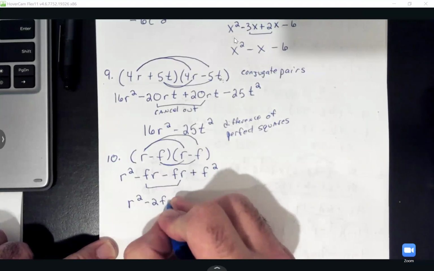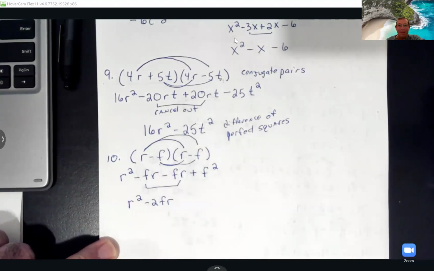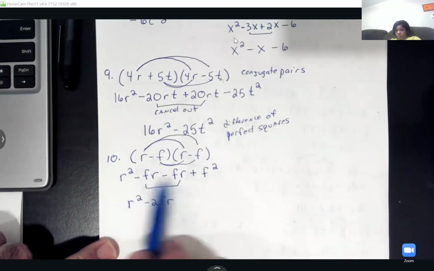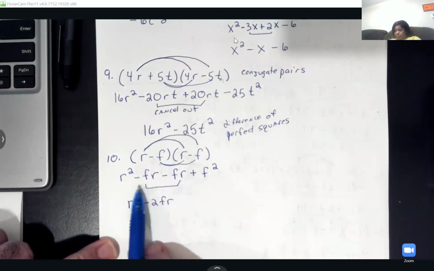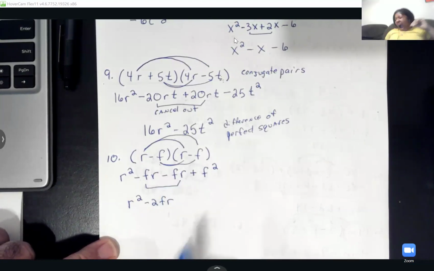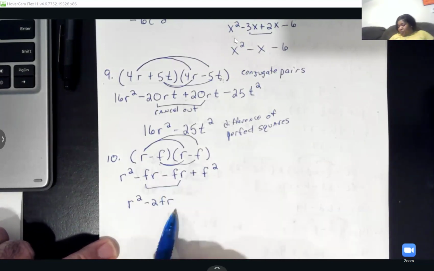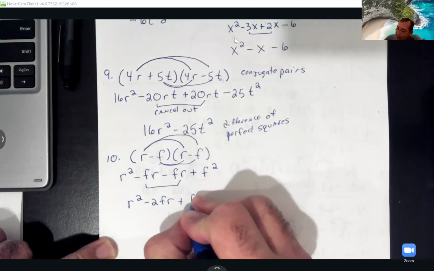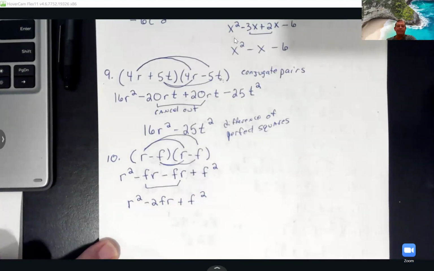And then the fr's got to stay the same. Okay, I was right. So remember, when you're adding down here, nothing changes as far as the letters. Only how many we got. And then at the end, we're going to bring down plus f squared.